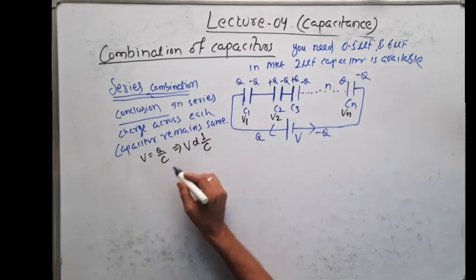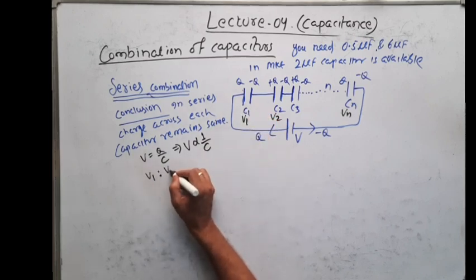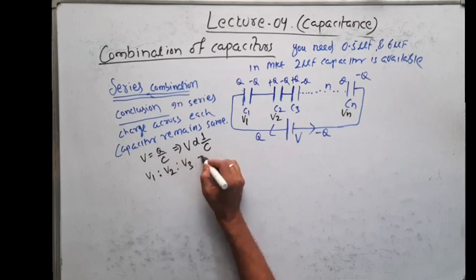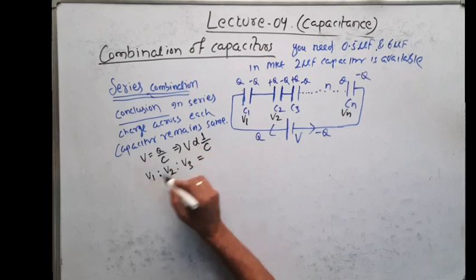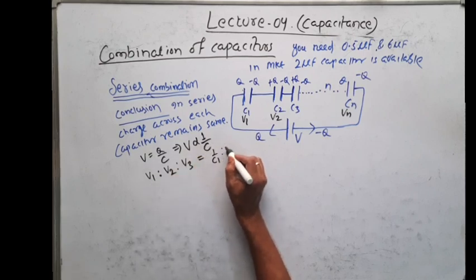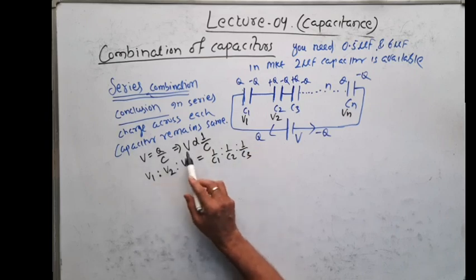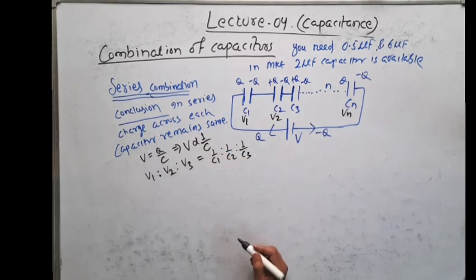So the potential difference V1 : V2 : V3 is equal to 1 by C1 : 1 by C2 : 1 by C3. That is, potential divides in inverse ratio of the capacitance value.